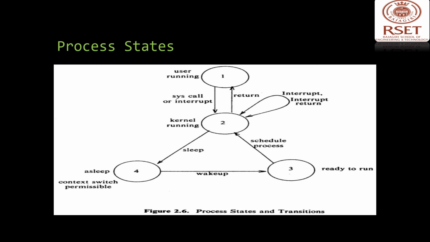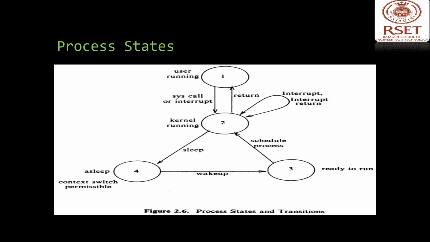When you create a process, the process is currently executing in user mode. Here you can see four circles: one is user running, two is kernel running, three is ready to run, and four is asleep. In state one, the process is executing in user mode, and when the process is in state two, it is executing in kernel mode.